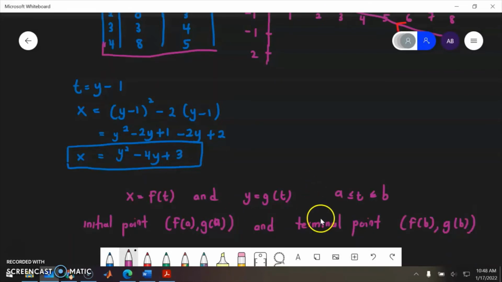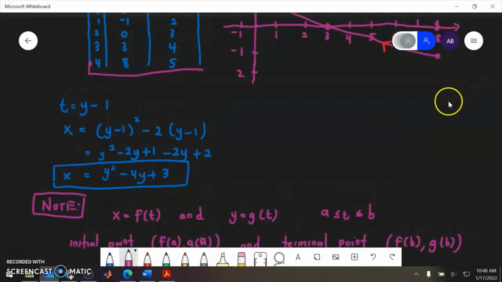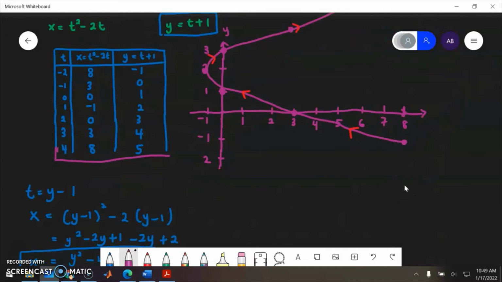Okay, so this is a note that I'm just going to put, that you need to know. It means that my initial point starts here. You can see that the interval for my t is -2 to 4, right? So this is my a, this is my b.